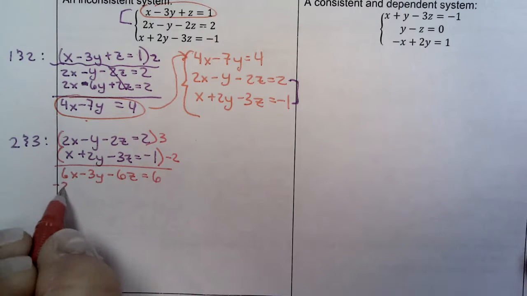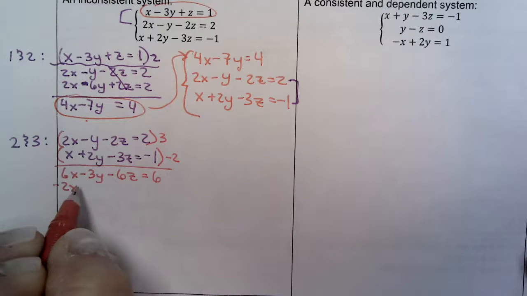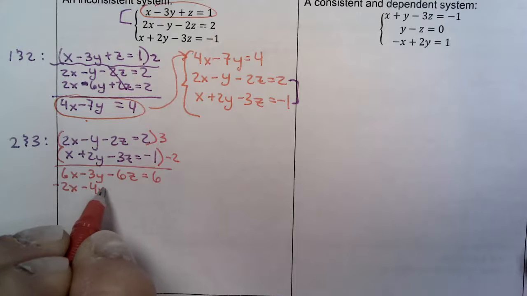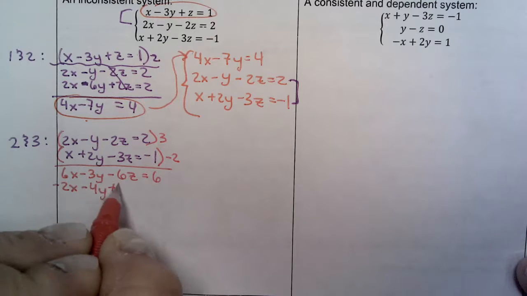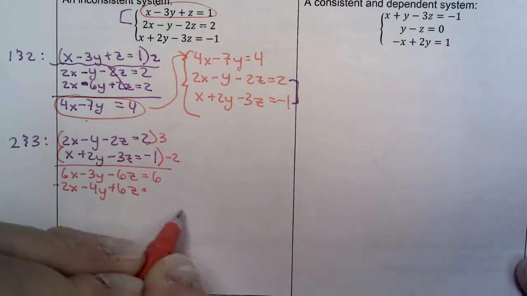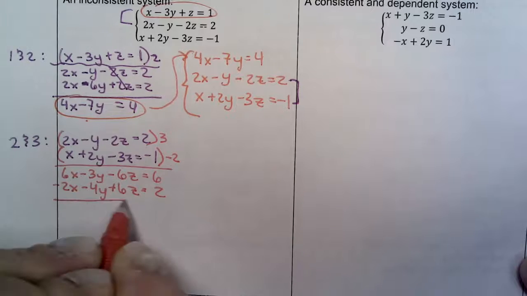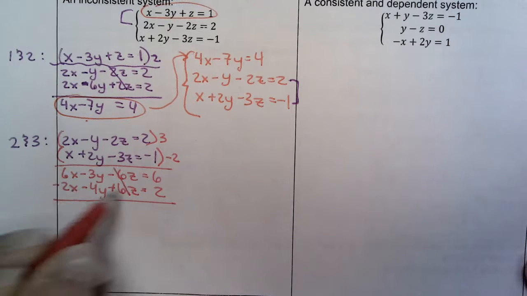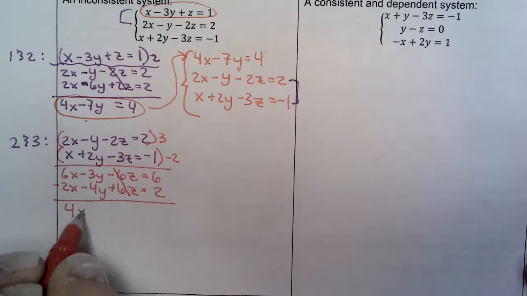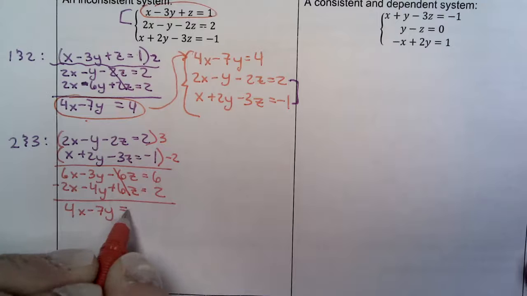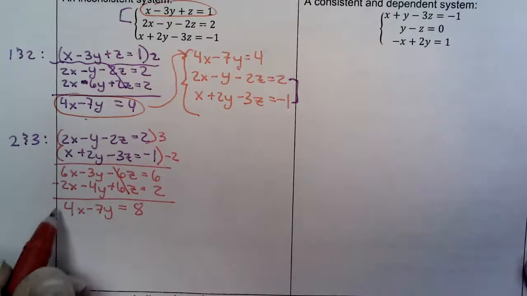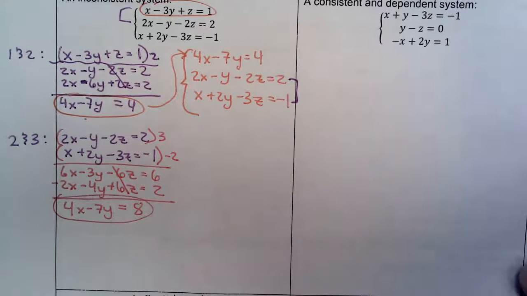Okay, and then it's going to give me negative 2x minus 4y plus 6z equals 2. Okay, so those are going to go away, and I'm going to wind up with 4x minus 7y equals 8. Okay, so now I've got this second equation.